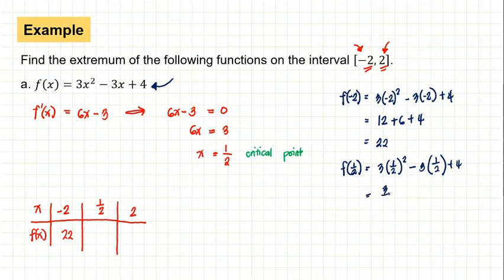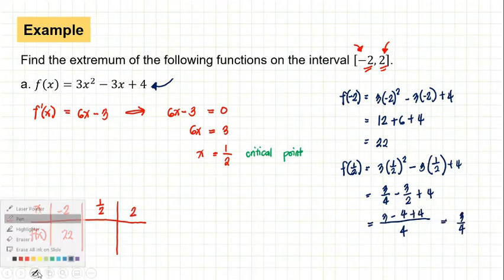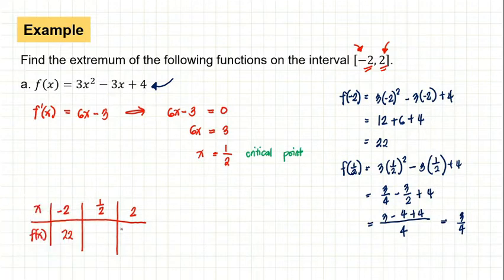You have 3/4 minus 3 halves plus 4. And this will now be equal to, over 4 as the LCD, so you have 3 minus 6 plus 16 over 4, right? And this is equal to 13/4. So therefore, this one here is equal to 3/4.